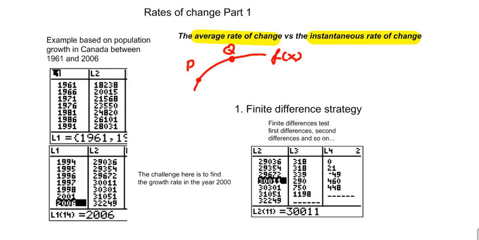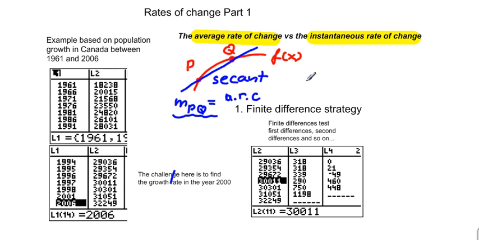And now we will graph a line through point P and Q. This blue line is called a secant line. And that secant line through point P and Q has a slope. The slope, which is denoted with letter M, slope PQ, represents the average rate of change. So ARC.